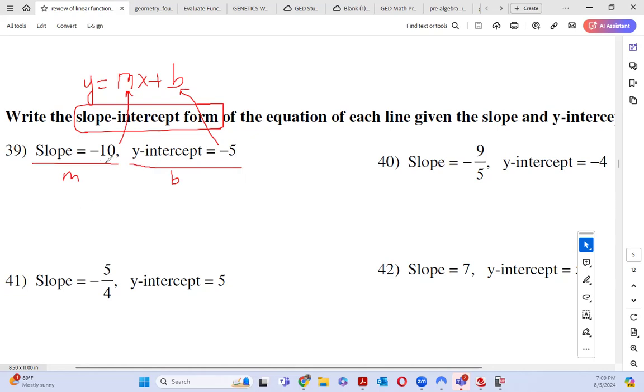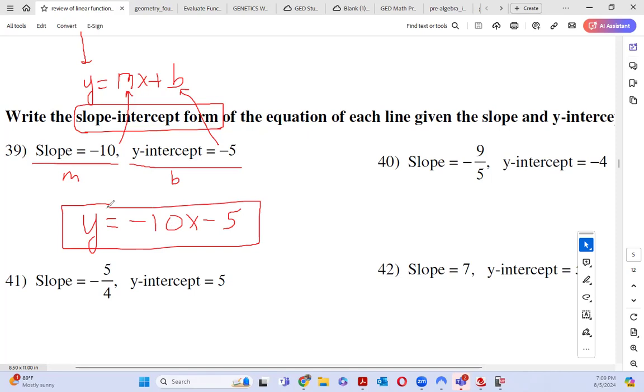You can start from the beginning. Y equals... -10, plus... -5. 10 what? 10x, 10x minus 5. Oh my gosh.